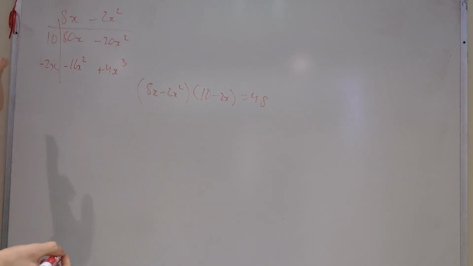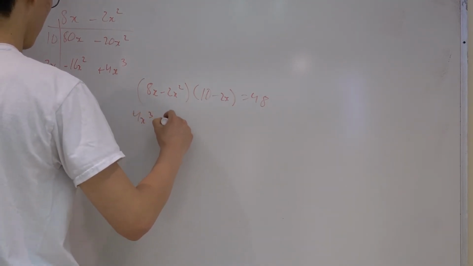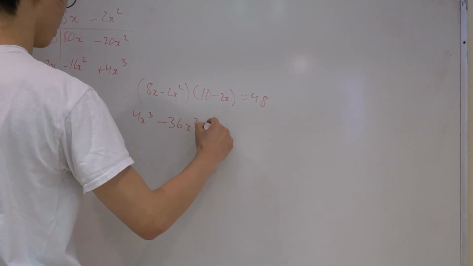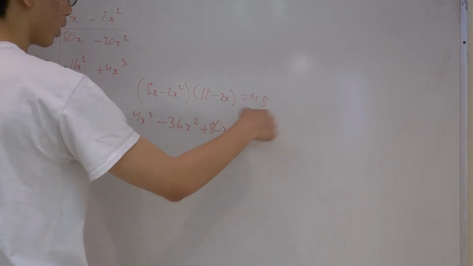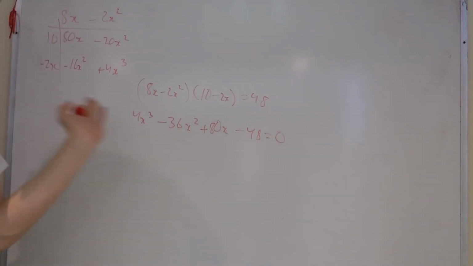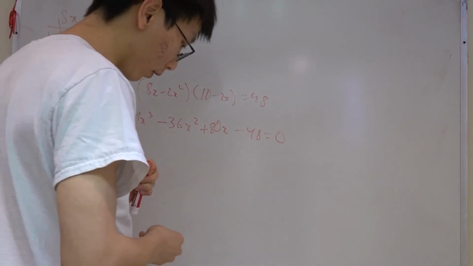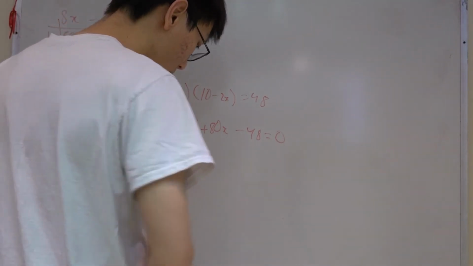So this thing is going to be equal to 4x cubed minus 36x squared plus 80x, and then bring over the 48, minus 48. Now this looks like something that we can do. Let's go ahead and start trying to solve this.